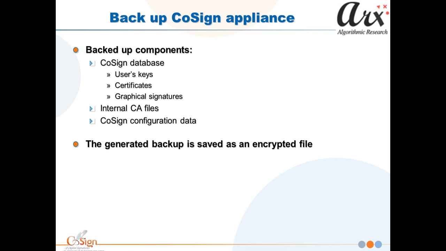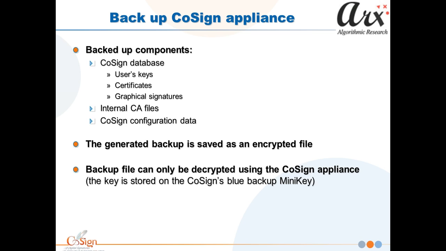Okay. I should mention that the generated backup is saved as an encrypted file. And the backup file can only be decrypted using the CoSign Appliance. So when we do a restore, you'll require three things.